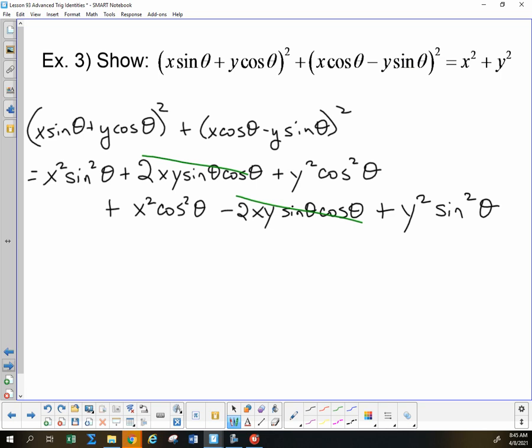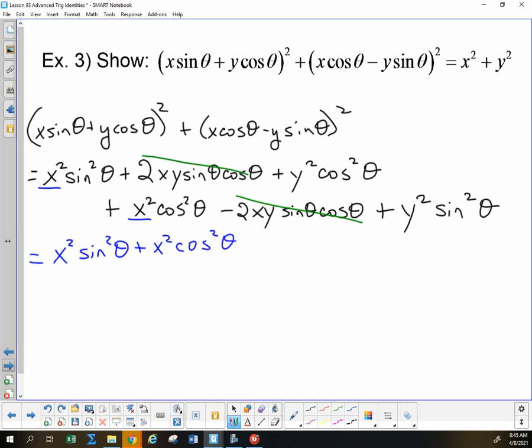Okay, now what I'm going to do, I want to put my x terms together, and then I'm going to put my y terms together. So on my x terms, I have x squared sine squared theta plus x squared cosine squared theta.